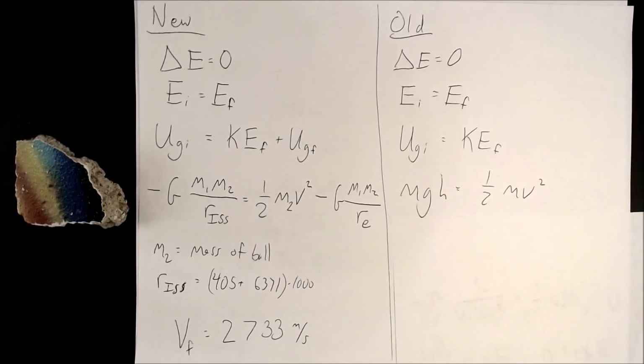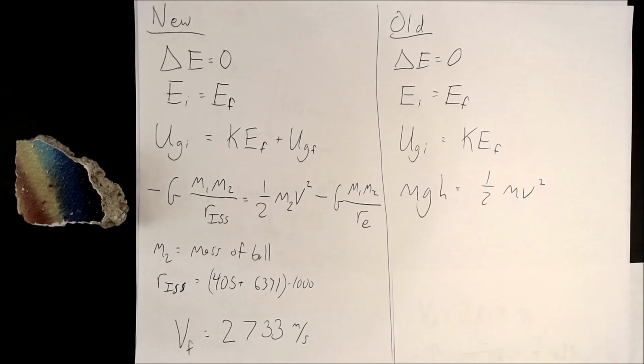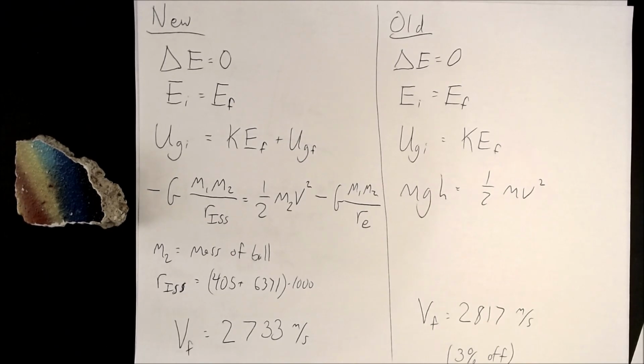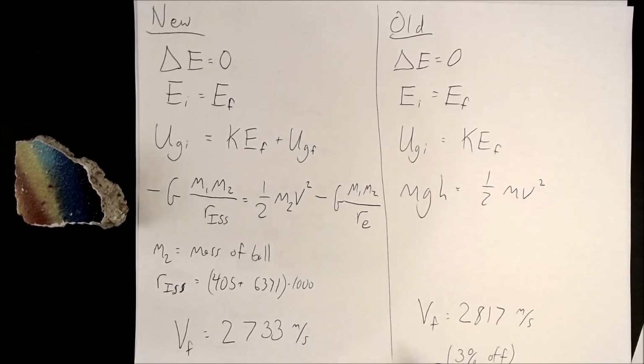You plug in the numbers, mgh is equal to 1/2 mv squared, and you find that the final velocity of the ball will be 2,817 meters per second. Interestingly, that's just 3% off this. Our old equation got us pretty good, actually.